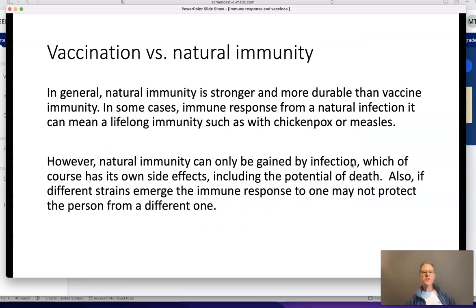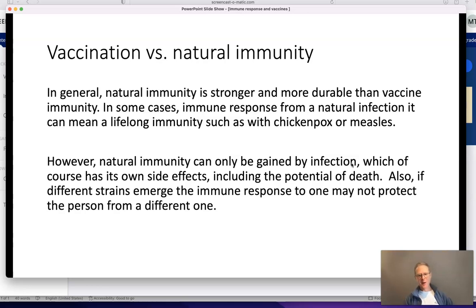Now, vaccination versus natural immunity, and this is something people have been debating, I know, with COVID. In general, natural immunity is stronger and more durable than vaccine immunity. In some cases, the immune response from a natural infection can mean lifelong immunity. And that's what we get in the case of chickenpox or measles or yellow fever.